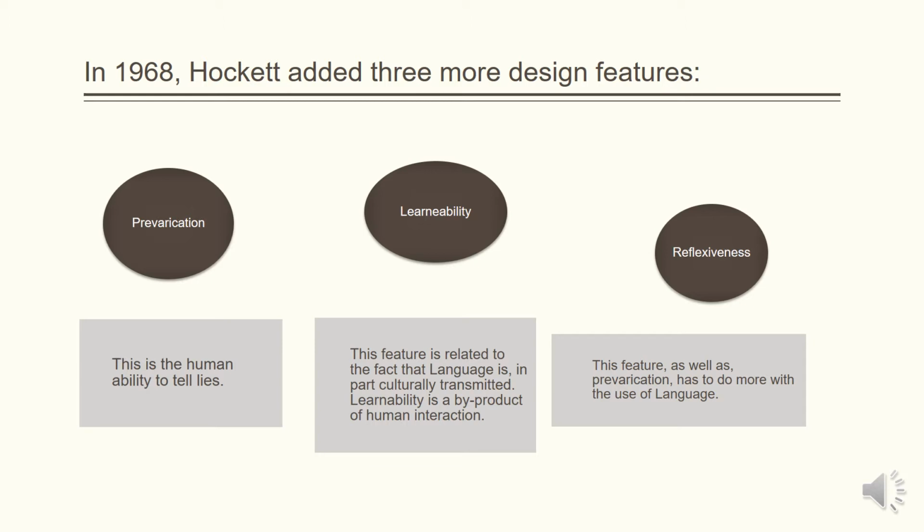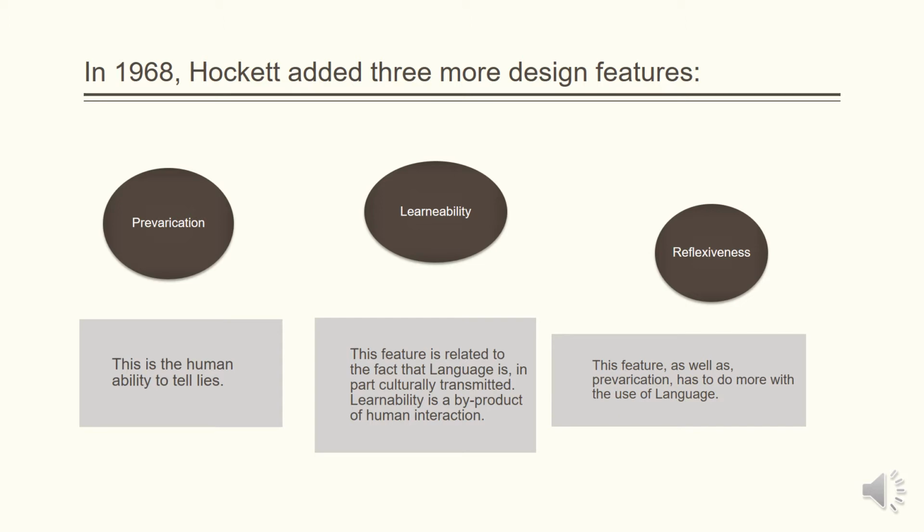For instance, prevarication is the ability to tell lies, and besides being a use of language, there are some monkeys that also use the different calls that they produce to deceive other monkeys or other animals. So prevarication was eliminated. Learnability is considered a byproduct of human interaction because we learn language in a social context; learnability is a byproduct of this cultural transmission of language. That's why learnability was also eliminated.